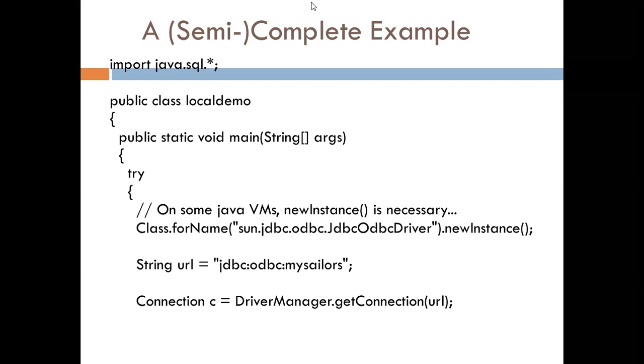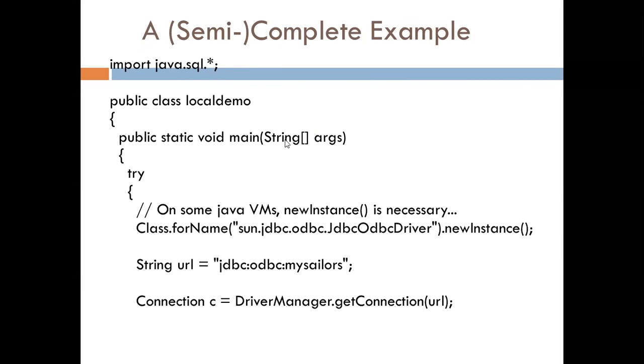In order to interact with the database, we have to import a package in Java, that is java.sql.*. That will import all the classes and subclasses that are present inside the SQL package.